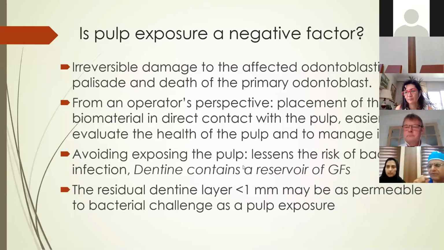Or if we still have a very thin layer, less than 1 millimeter, is it better to save it? Because as you remember, especially in the American style, they recommend removal of the thin layer of dentin and doing root canal treatment or vital pulp treatment, rather than leaving a very thin layer. Please give us some clue about that.